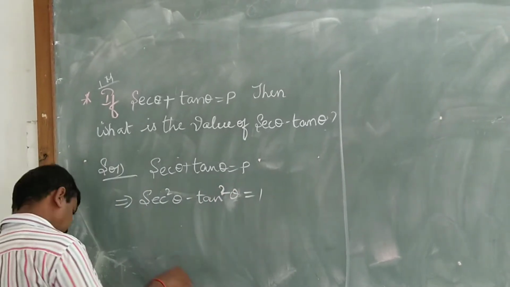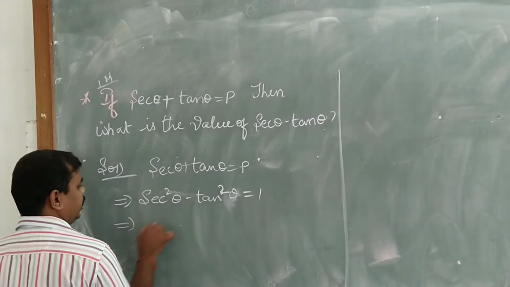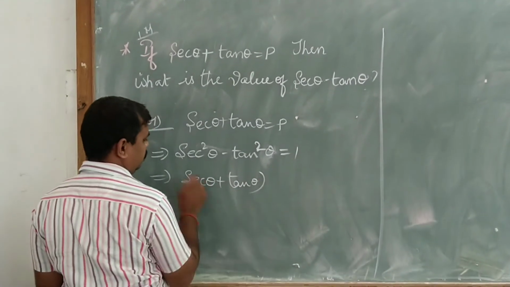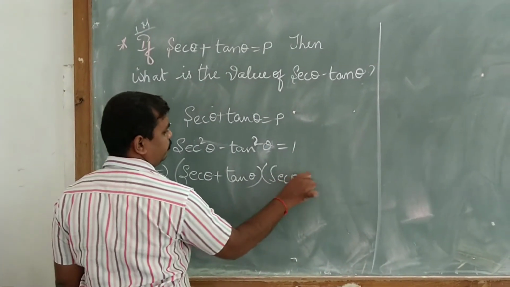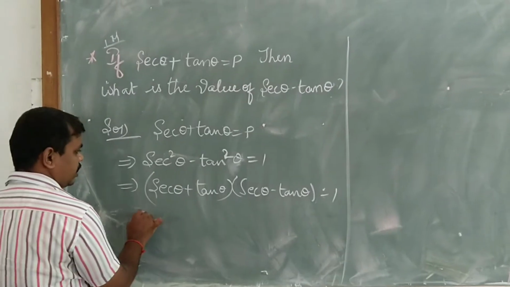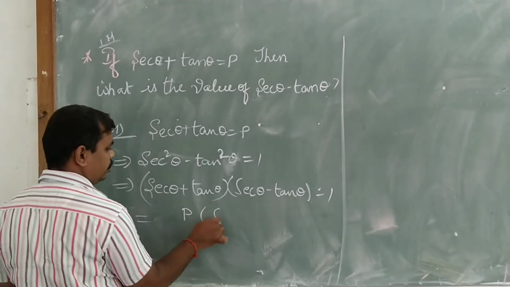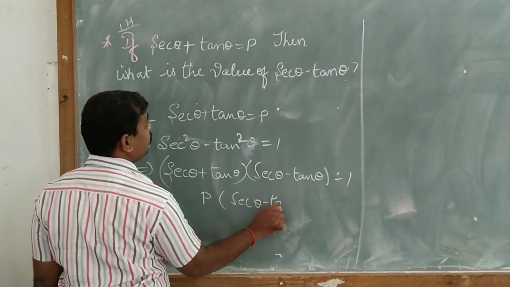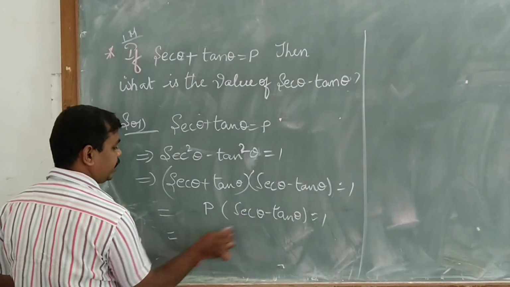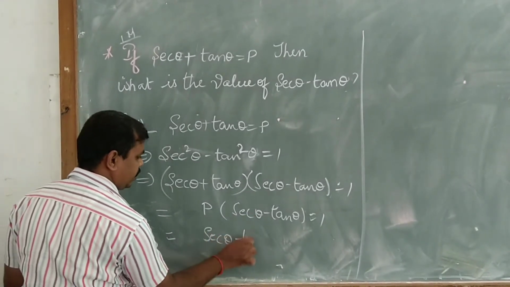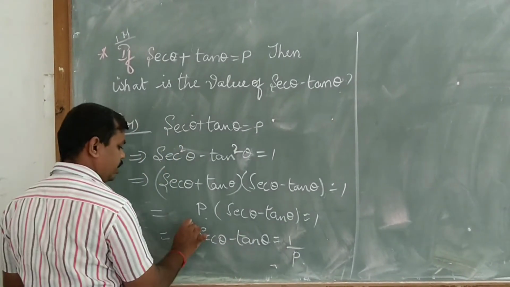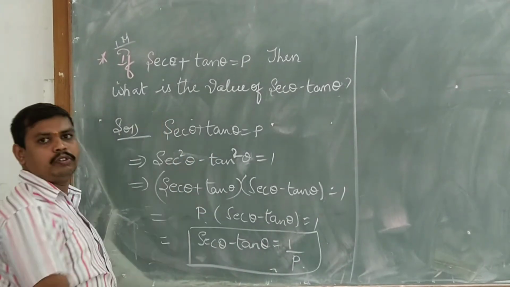That implies you can write this as (secant theta plus tan theta) into (secant theta minus tan theta) is equal to 1. What is secant theta plus tan theta? P into (secant theta minus tan theta) is equal to 1. You are going to find out the value of secant theta minus tan theta. The value will be found to be 1 by P. Hence the value of secant theta minus tan theta will be equal to 1 by P.